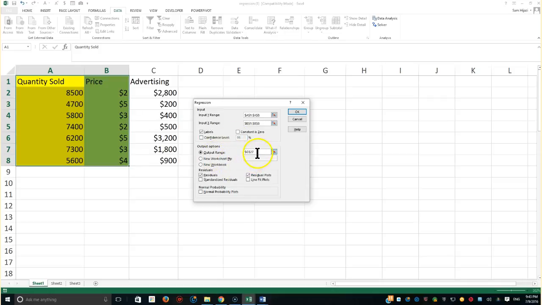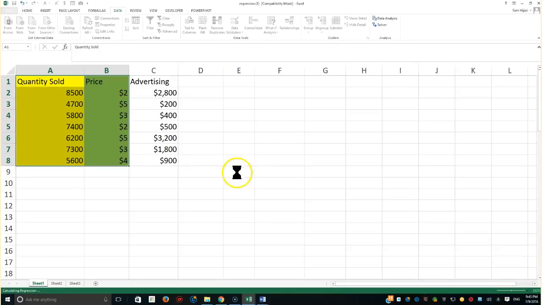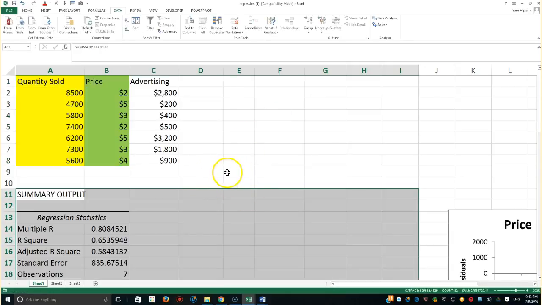For the output, I'm going to choose a specific cell, and here it is going to be A11. I also want to add the residuals and residual plots, because I'm going to explain those in this video. And here we go. It's going to take a second. That's the beauty of Excel.